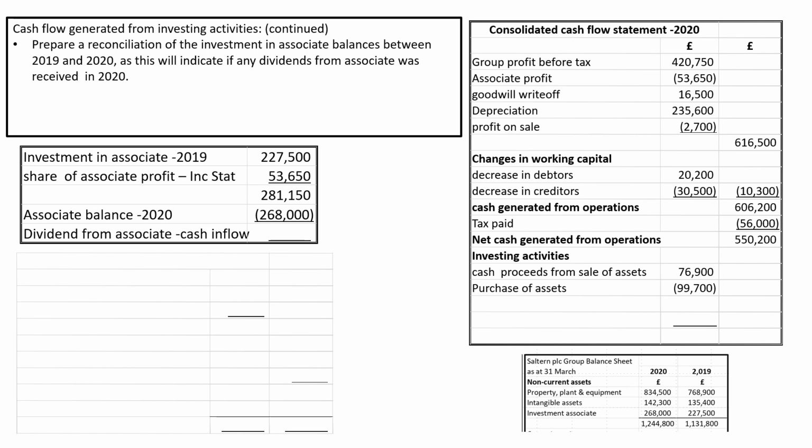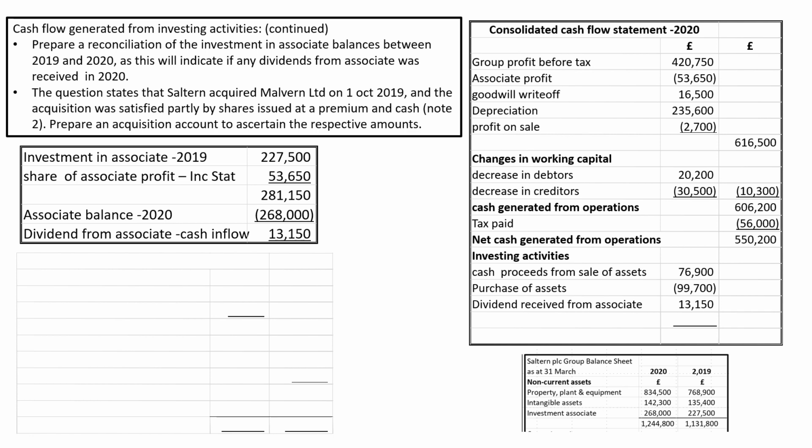And this difference, if you like, represents the dividend from associate, which is a cash inflow of 13,150. We can now insert this in the cash flow statement under investment activities and proceed on to the next item.